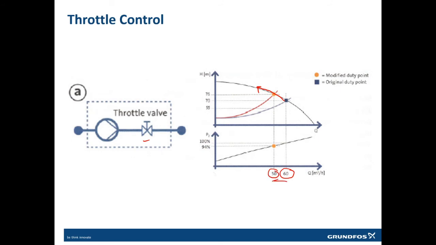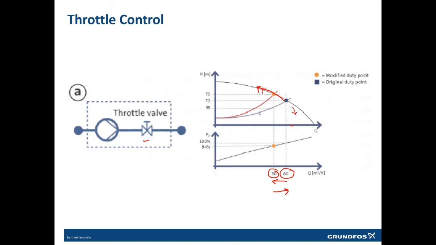So if I'm closing, I'm going back. If I am opening, I'm going forward. So by throttling the valve after the pump, I can change the pressure which it is generating, meaning I can increase it, but at the expense of decreasing the flow. So I can increase the pressure, but I will decrease the flow. Or I can increase the flow, but I will decrease the pressure.